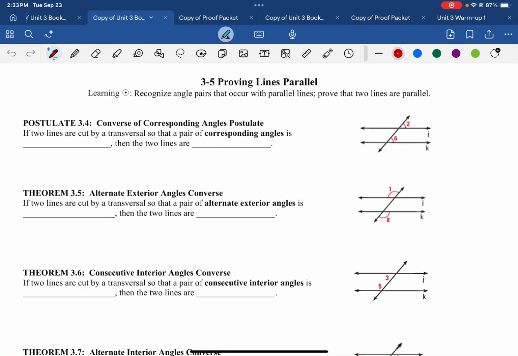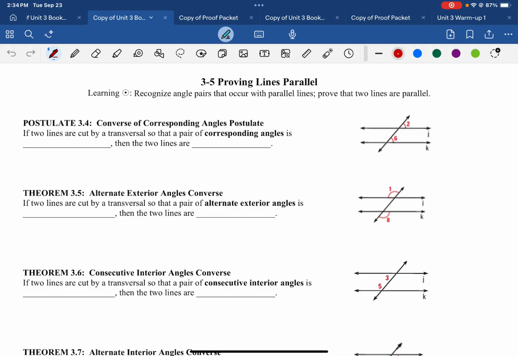All right, lesson 3.5. In this lesson, we are proving lines are parallel. In the previous lesson, we learned about all the different angle pairs that are formed when parallel lines are cut by a transversal: our corresponding, alternate interior, alternate exterior, and consecutive interior.